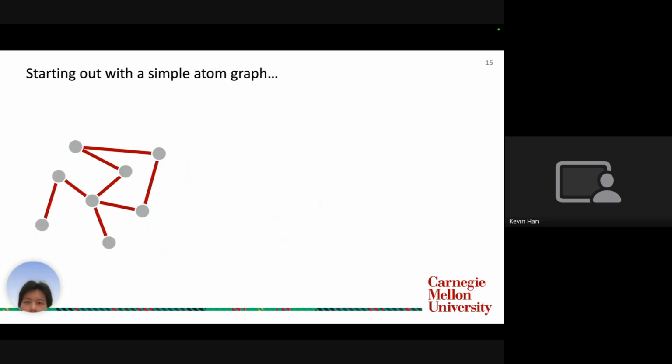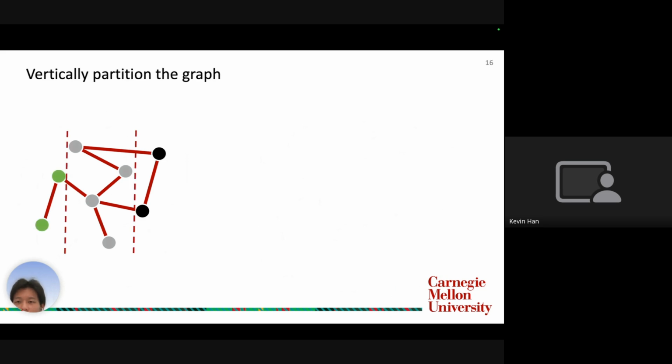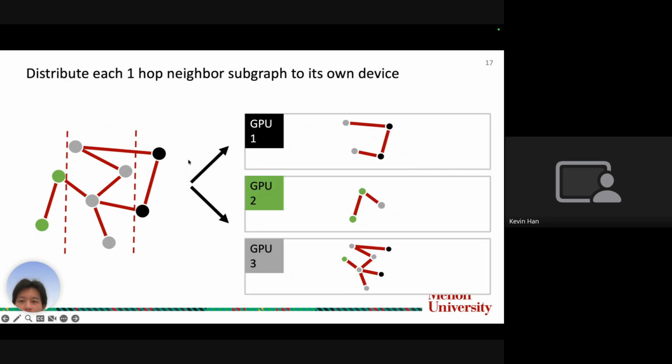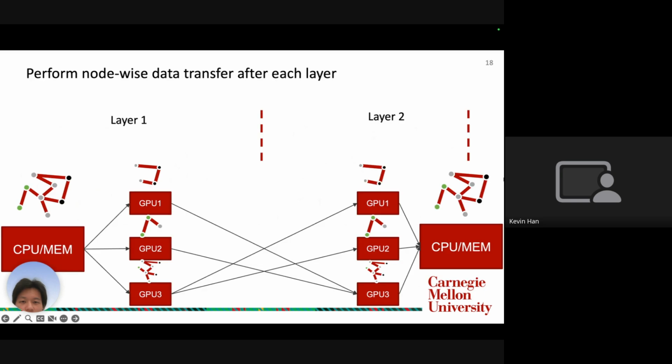Describing it in a different way, again we'll start with a simple atom graph. We do this partitioning into green, gray, and black nodes. We assign the 1-hop expansions of these black, green, and gray nodes onto their respective GPUs, as well as their 1-hop neighbors. After this partitioning and splitting, we do the forward pass on all of the GPUs, and then we transfer the information that is necessary to perform the next pass.